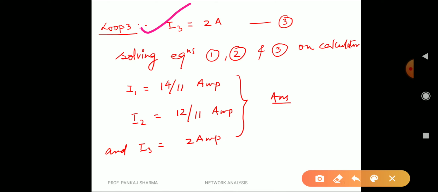Now solving these three equations, equations number 1, 2 and 3, on the calculator, we have current I1 equal to 14 by 11 ampere, current I2 equal to 12 by 11 ampere, and current I3 equal to 2 ampere. This is your answer.